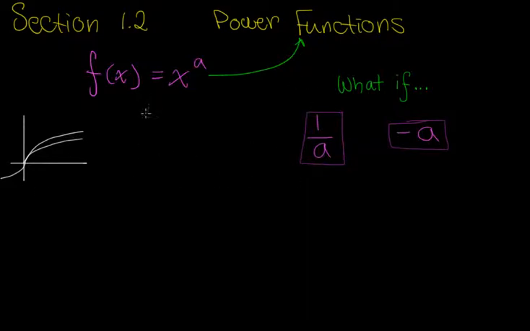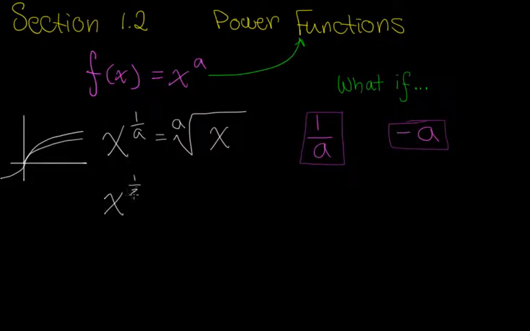So why am I talking about root functions? Well, we get a root function when the exponent of a power function is a fraction like this. So x to the 1 over a is the same as the a-th root of x. So x to the 1/2 is the same as the square root of x.